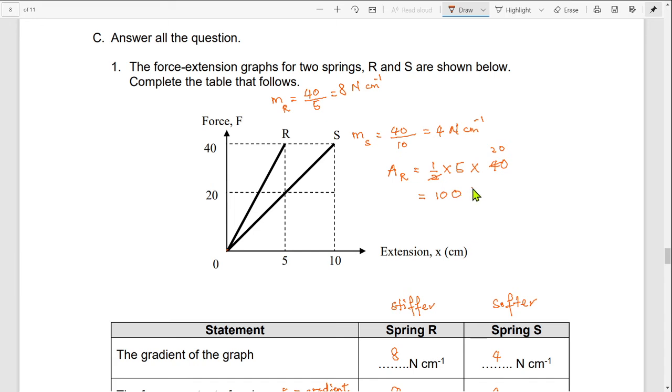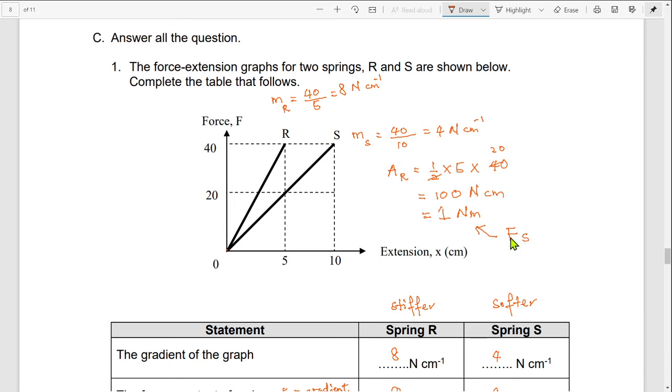Okay, so that will be Newton centimeter. So I can convert that to meter. That will be 1 Newton meter. Okay, so Newton meter, if I put it in symbol form, for quantity, Newton is the unit for force, meter is the unit for displacement.